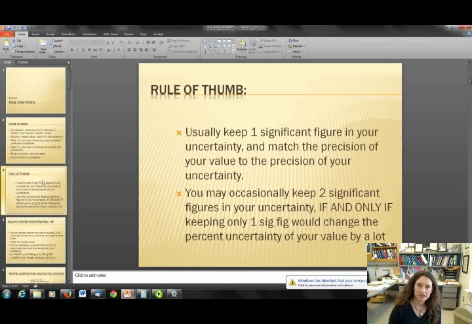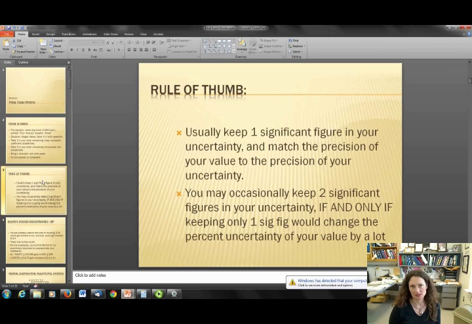The only time you really keep two sig figs instead of one sig fig in your uncertainty is when it's going to change the percentage value of your uncertainty a lot. So if it's, for example, 1.0 plus or minus 0.5 versus 1.0 plus or minus 0.41, that changes the percent uncertainty on that number by 9% or so.